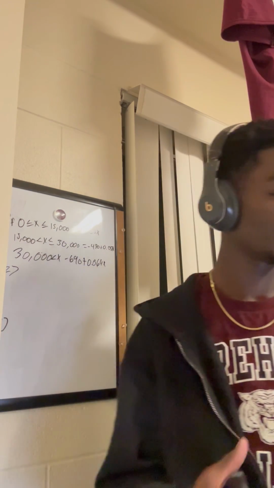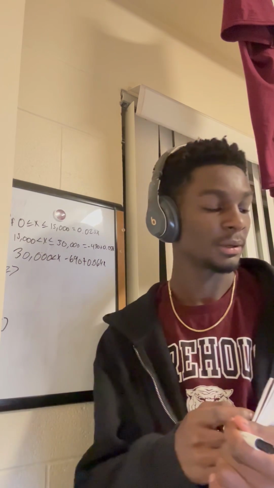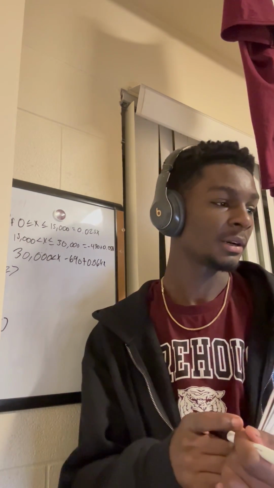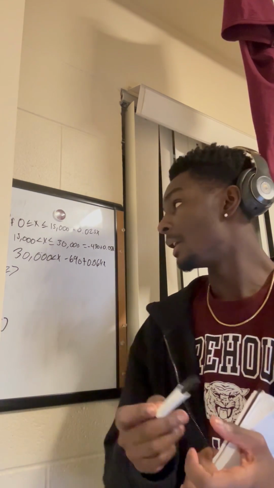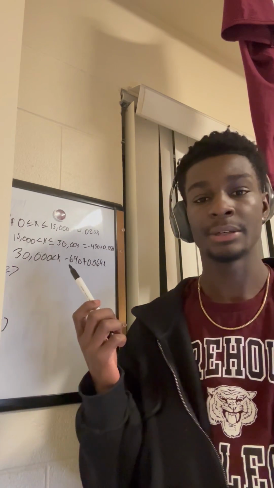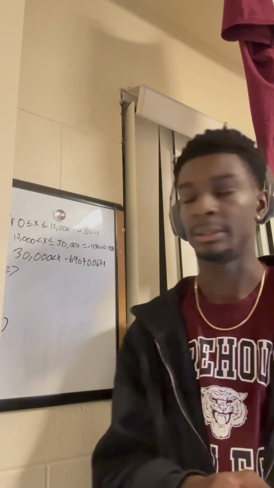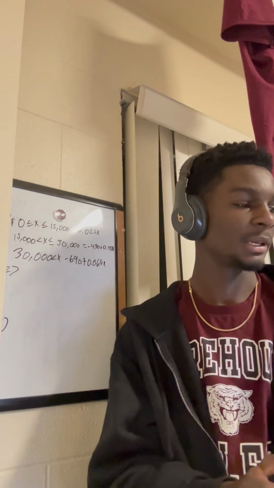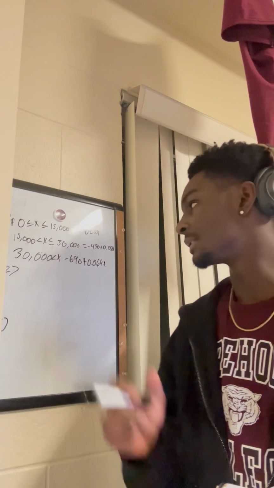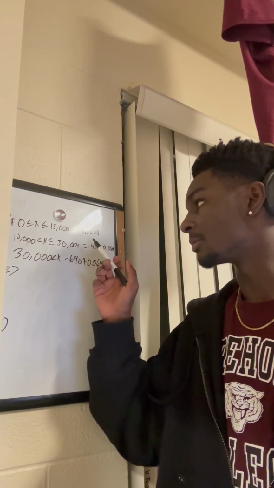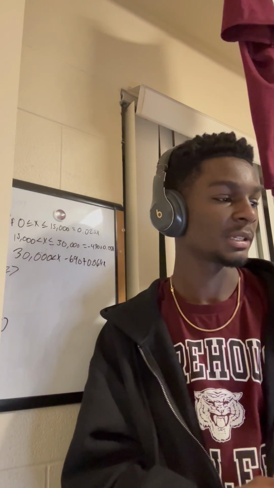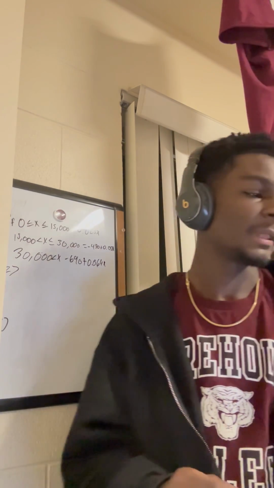Now, how I got there was I saw the 2.5% of taxable income, and I knew I had to convert it into decimal form, so I could apply that to the money that was made. So I just moved the decimal point two spaces forward, and then added an x.